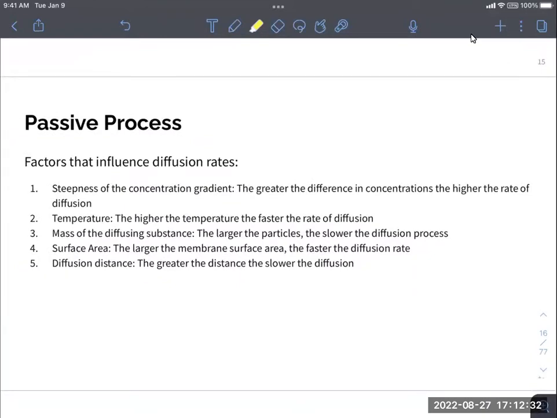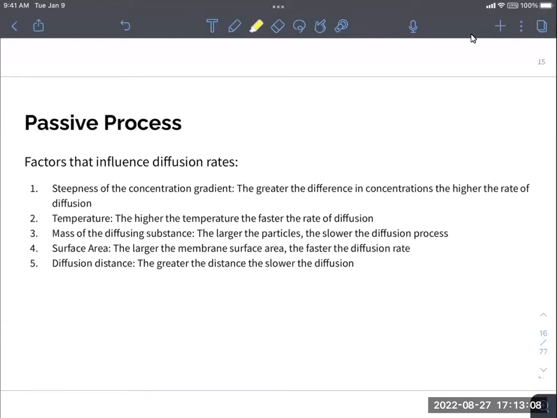There are different things that affect diffusion. How steep of a concentration gradient is there? The higher the concentration gradient, the higher the rate of diffusion. Everything wants to get evened out as fast as possible. Temperature: the higher the temperature, the faster diffusion is going to happen. The mass of the diffusing substance: if those particles are very large and heavy, they have a large mass, they're going to diffuse very slowly.